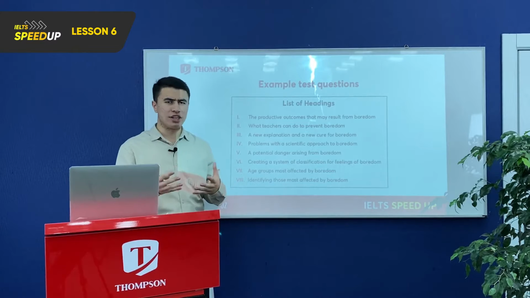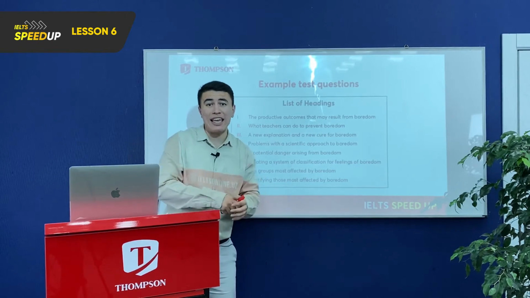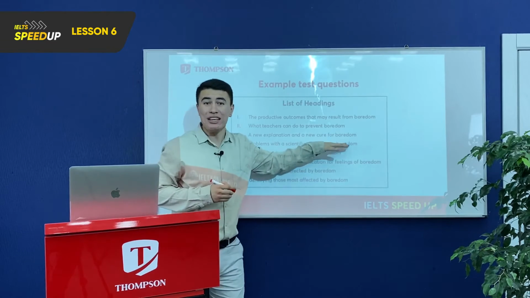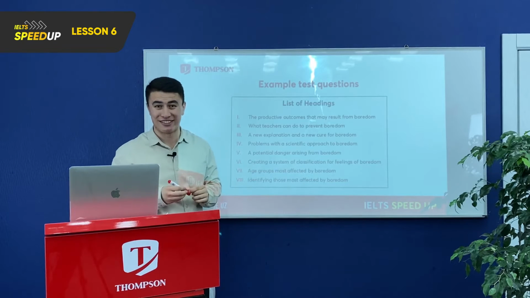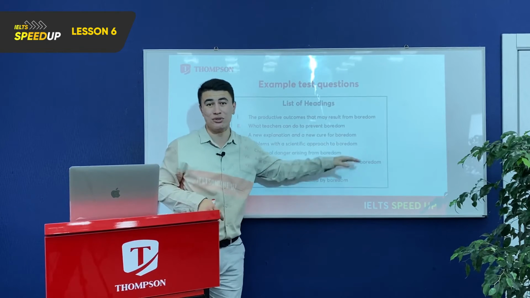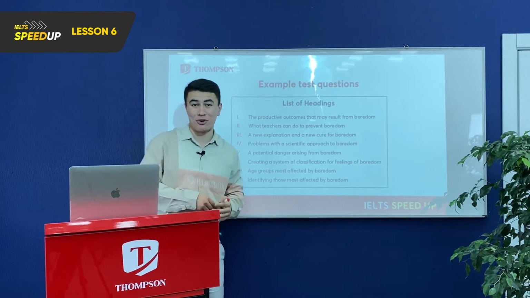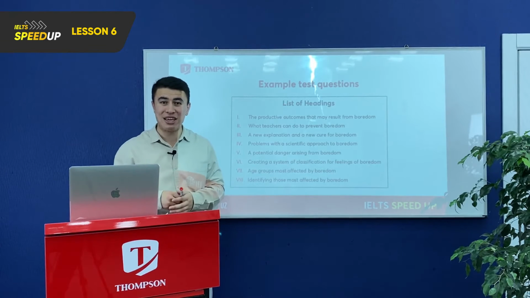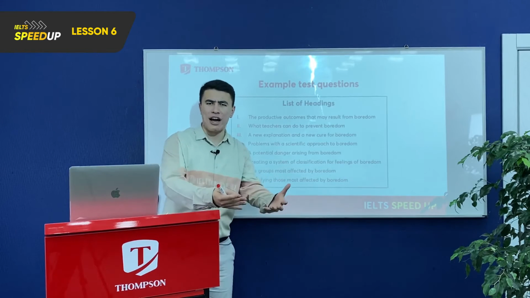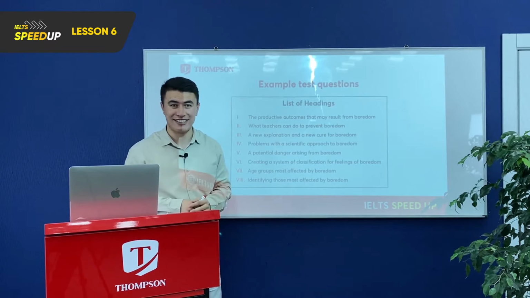So in other words, if boredom is explained in a different way and there are certain new methods of avoiding boredom, this is going to be your answer. And next, problems with a scientific approach to boredom. If in any paragraph in your passage, you find information referring to the difficulties of defining boredom by scientists, this is going to be your answer.